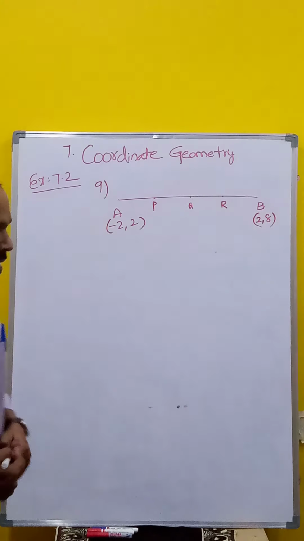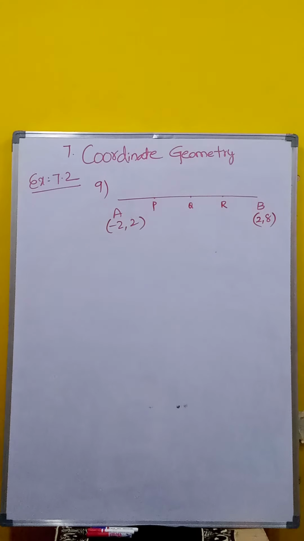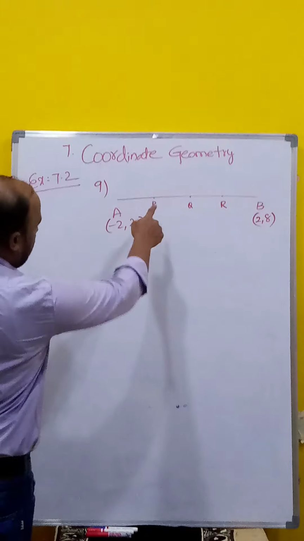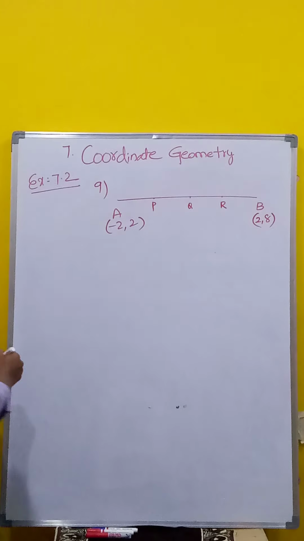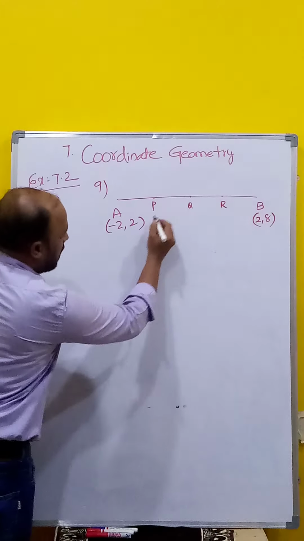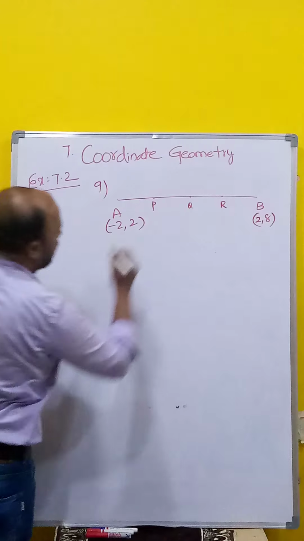Now we will go for question number 9. Here AB is a line segment. The line segment is divided into 4 equal parts, and we have to find the coordinates. We are assuming P is one point, Q is one point, R is one point.